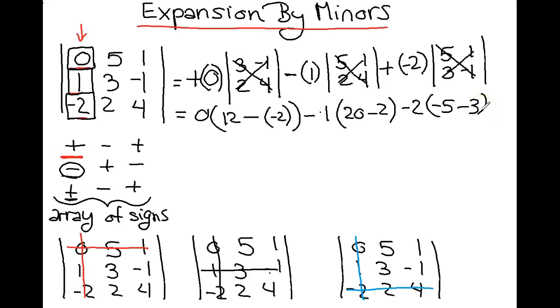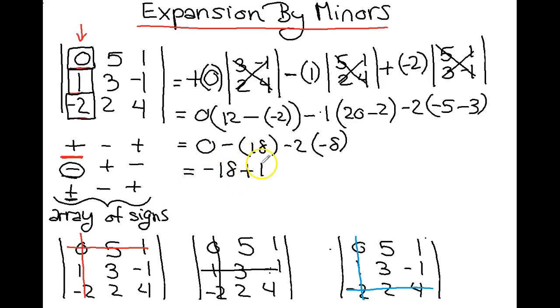Alright, so we know that 0 times anything is 0, minus 20 minus 2 is 18, minus 2 times negative 5 minus 3 is a negative 8, and we continue our calculations as negative 18 plus 16, and we get a negative 2 for this determinant.